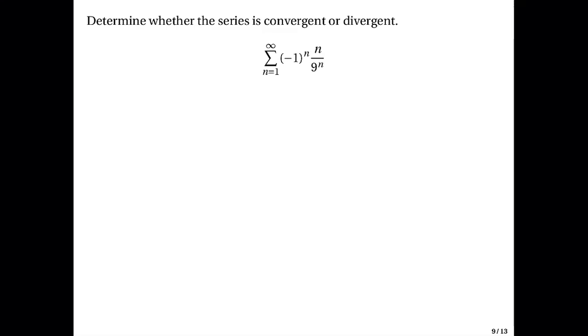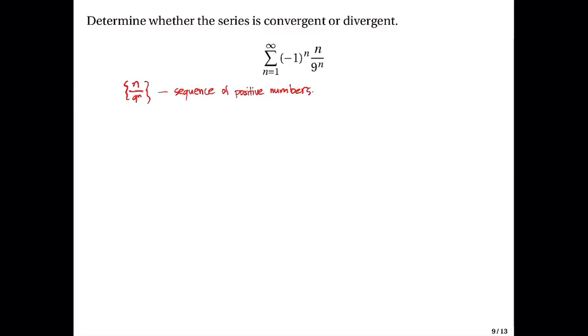So, you have here n over 9 to the n, a sequence of positive numbers. So bn are all positive.